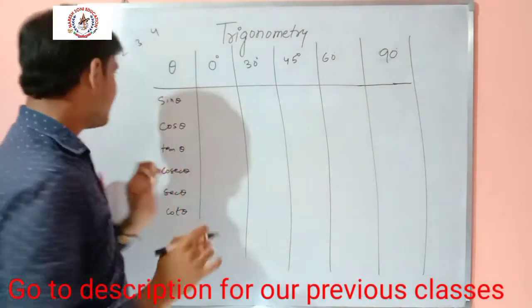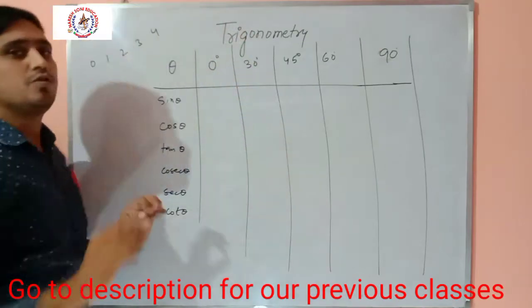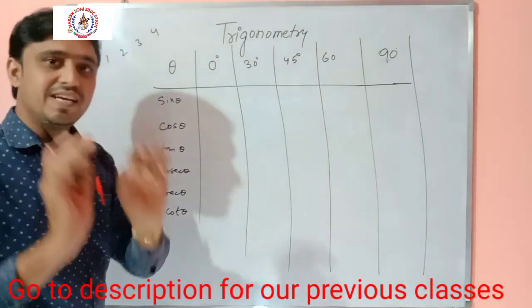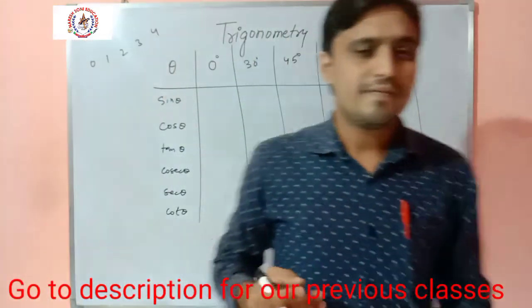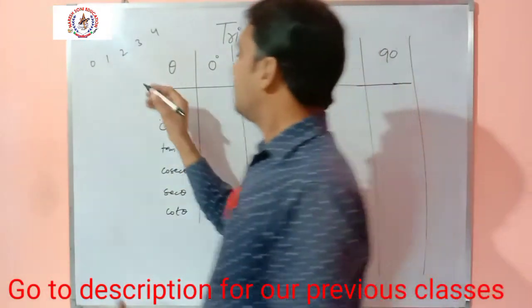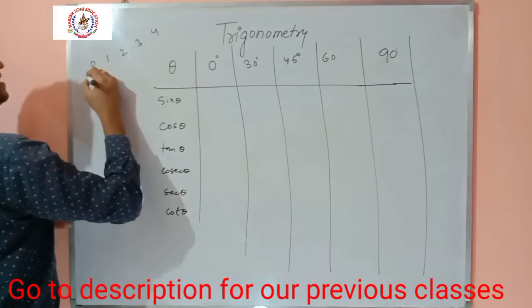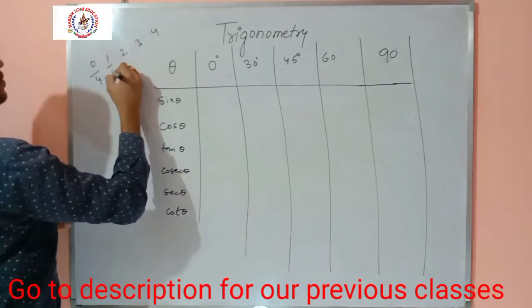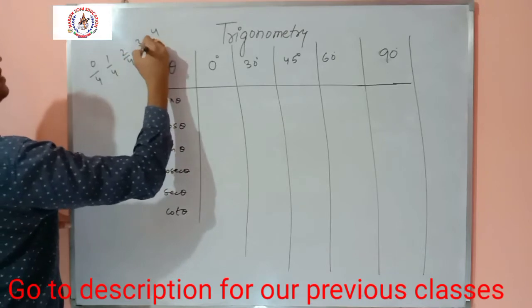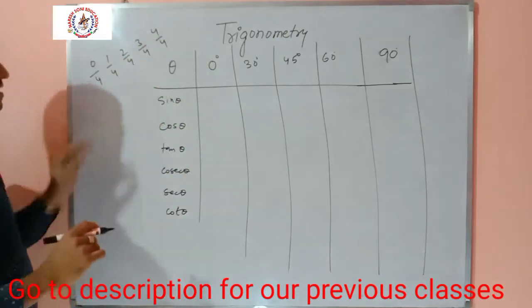Divide all the values by 4, a simple method you can derive yourself: 0 upon 4, 1 upon 4, 2 upon 4, 3 upon 4, 4 upon 4.